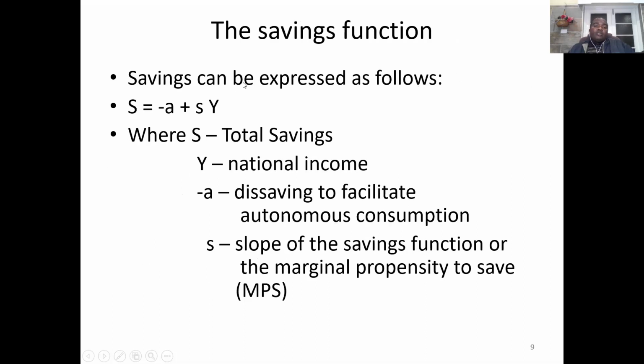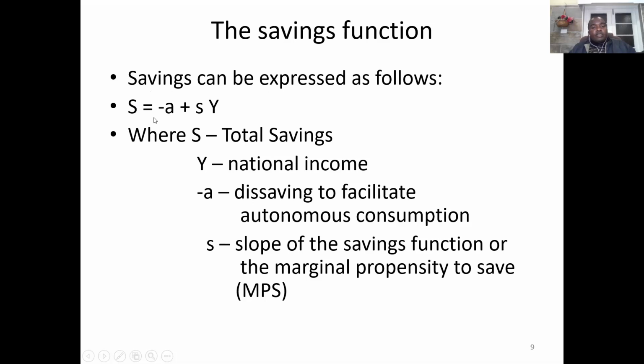And then we introduce the savings function, because in a normal economy, the savings are necessary to provide for investment spending. You need at least one leakage, which is savings, to facilitate at least one injection, which is investment.